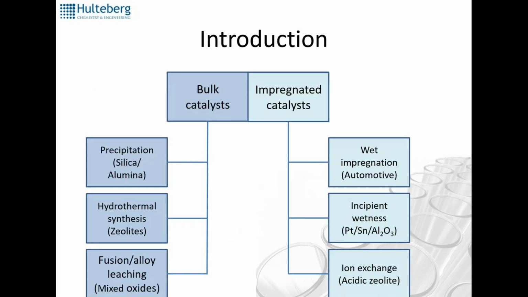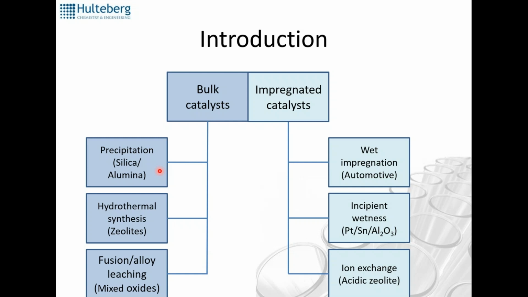We can break it down. So we have our bulk catalysts here on the left, and typical catalysts include precipitations of silica alumina. So you make a gel, you form a precipitate. Silica alumina type catalysts can be used for hydrolysis of carbonyl sulfide, for instance.